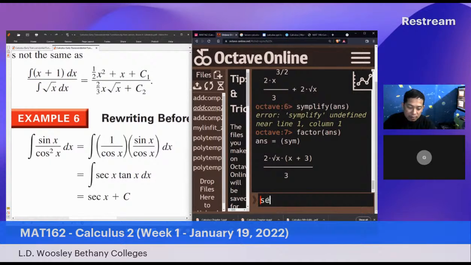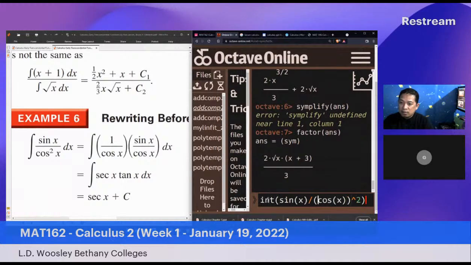Alright. Or integral of sine x all over cosine of x squared.